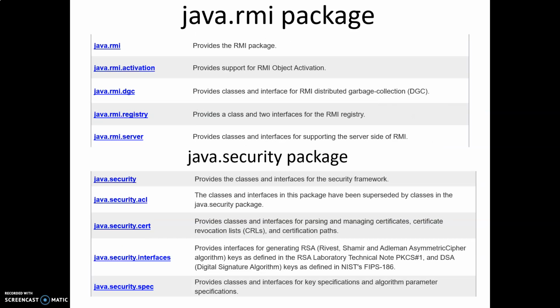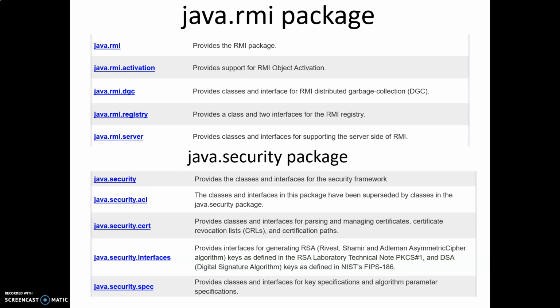Along with this, we have the java.rmi package, which works for remote method invocation, where we have DGC, which provides distributed garbage collection. Then we have RMI registry, then RMI server, then activation, object activation, and so on.